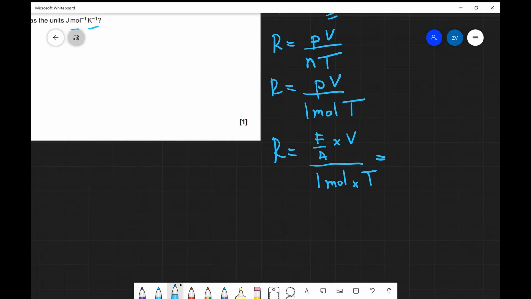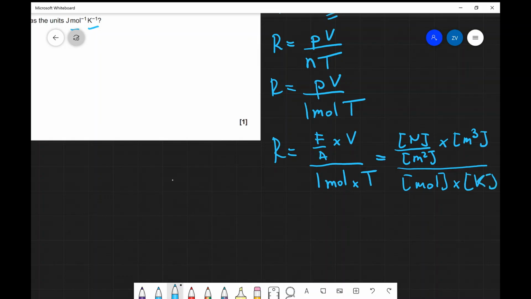Okay, well, let's find out some units. So the force is measured in newtons and area is measured in meters squared, multiplied by volume, which is in meters cubed, like so, and we're going to divide that by obviously a mole times the temperature, which is measured in Kelvin.